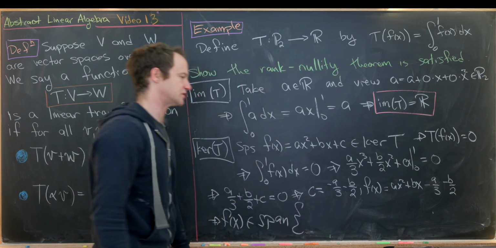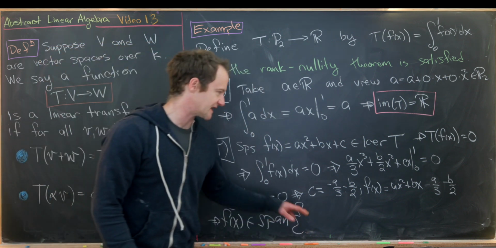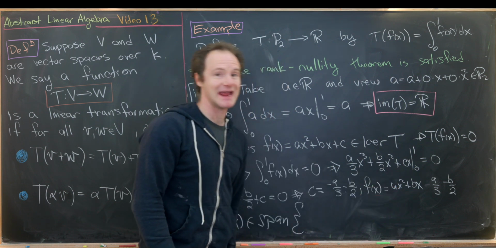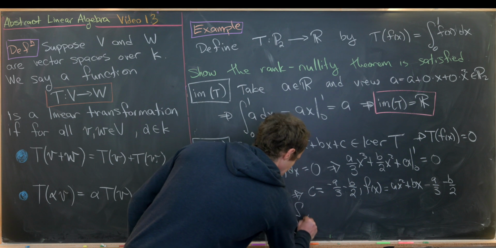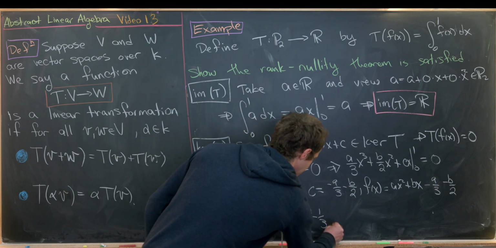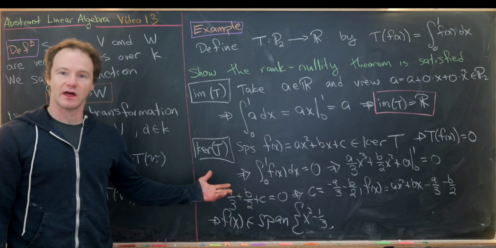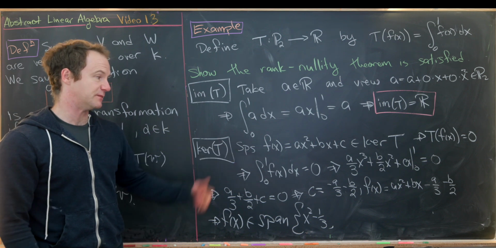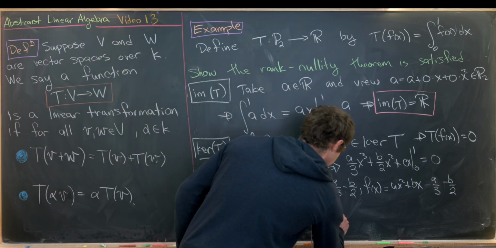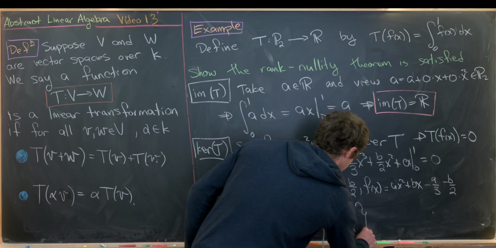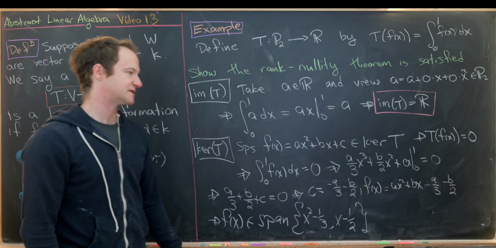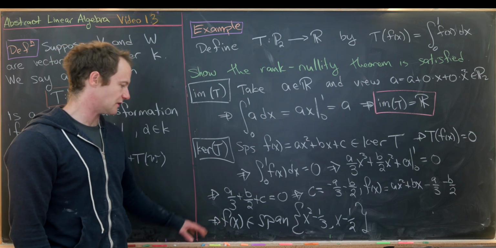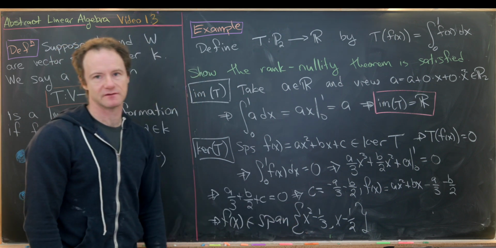Okay. But notice that tells us that f of x is in a spanning set where we set each of those equal to 1 at a time. So we've got a spanning set where kind of the a term is 1 and the b term is 0. That'll look like this: x squared minus 1/3. And then we've got another element in the spanning set that's for the b term. So that'll be x minus 1/2. Okay, so notice that this ax squared plus bx minus a over 3 minus b over 2 is definitely in the span of these two.